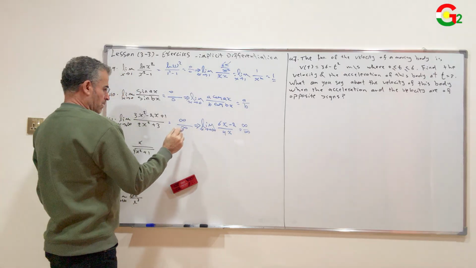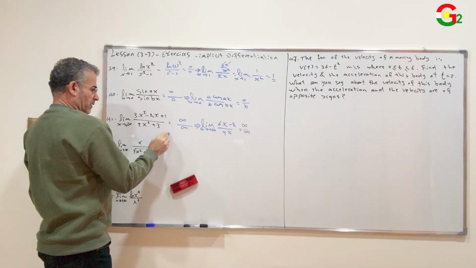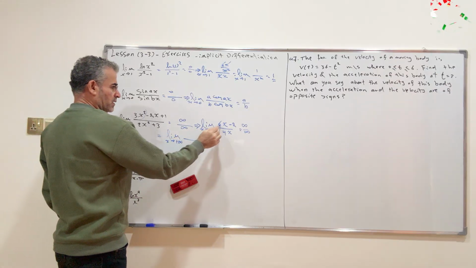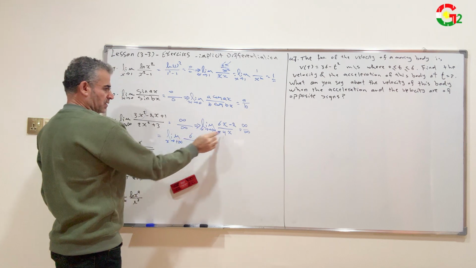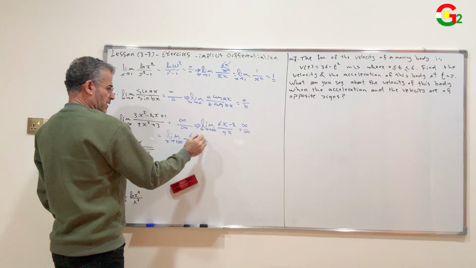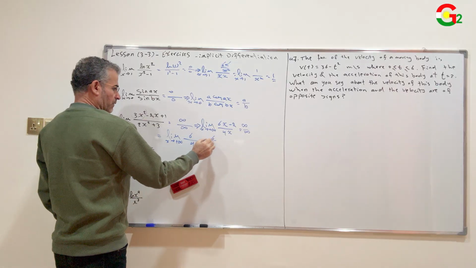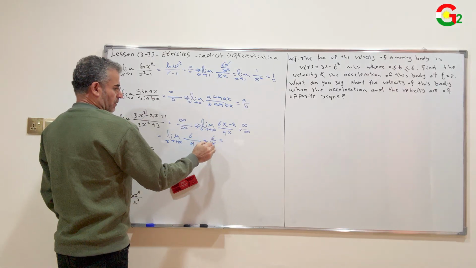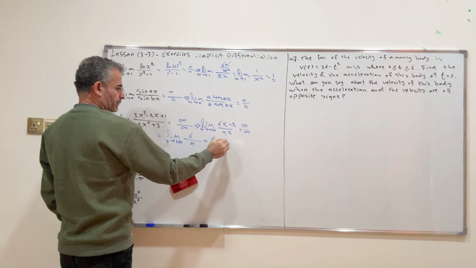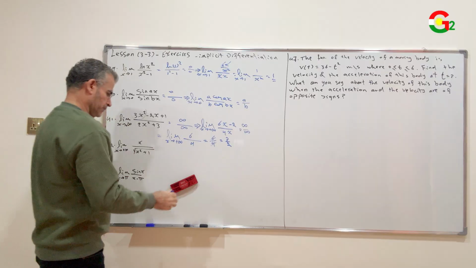We use the L'Hopital rule again. Limit x approach to positive infinity, 6x, 6, 4x, 4 its derivative. The answer is 6 over 4. Reduce 4 with 6 by 2, 3 over 2.